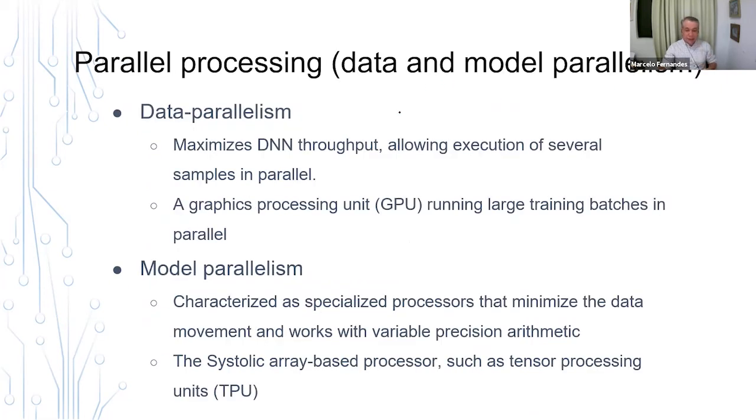The parallel processing, in data and model parallelism, is interesting because it's associated with the hardware. If you have some specific hardware, you can make some parallelization.